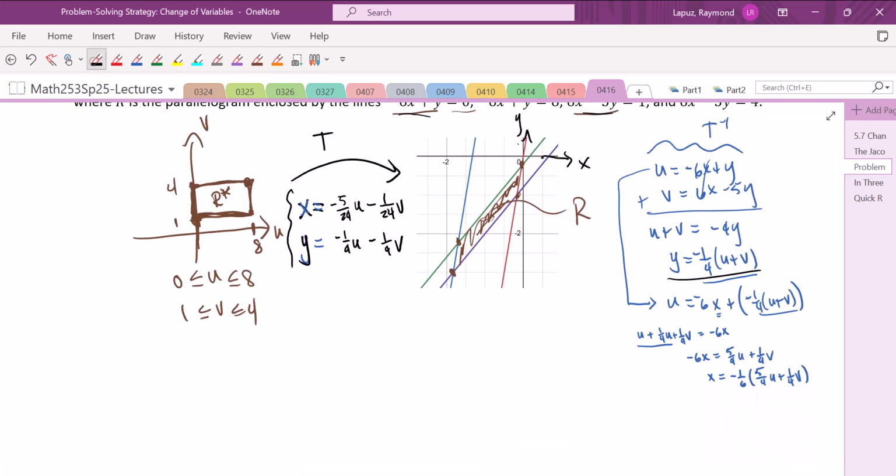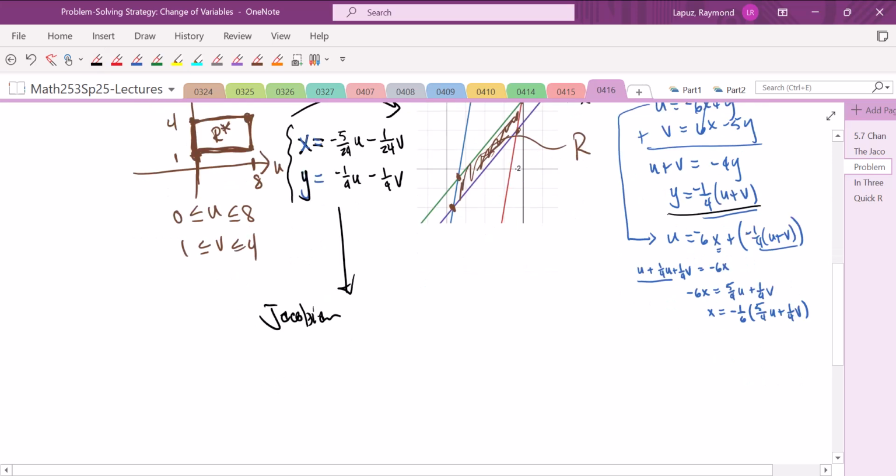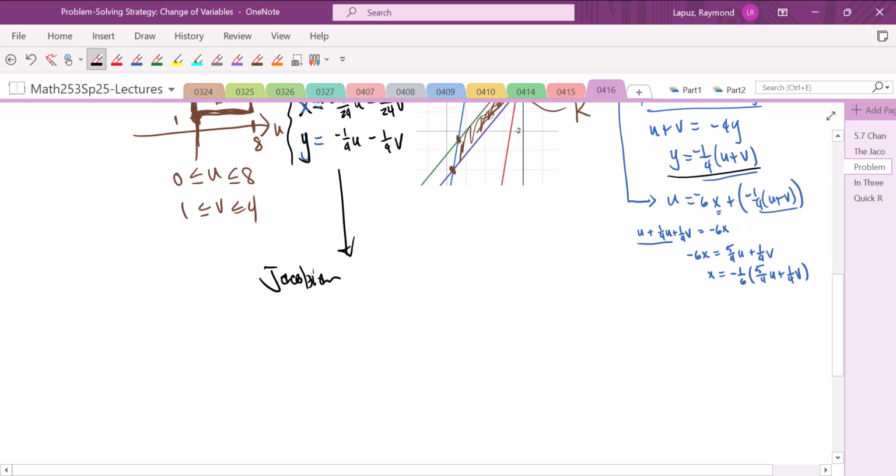To get the Jacobian, I'm going to not do the curly d, but instead do the subscript. So derivative of x with respect to u, derivative of x with respect to v, derivative of y with respect to u, derivative of y with respect to v.